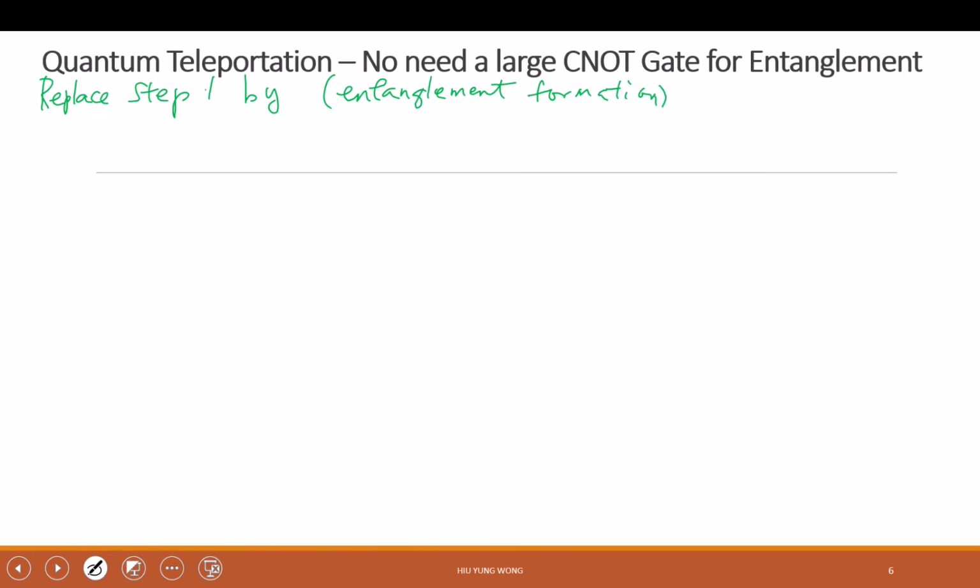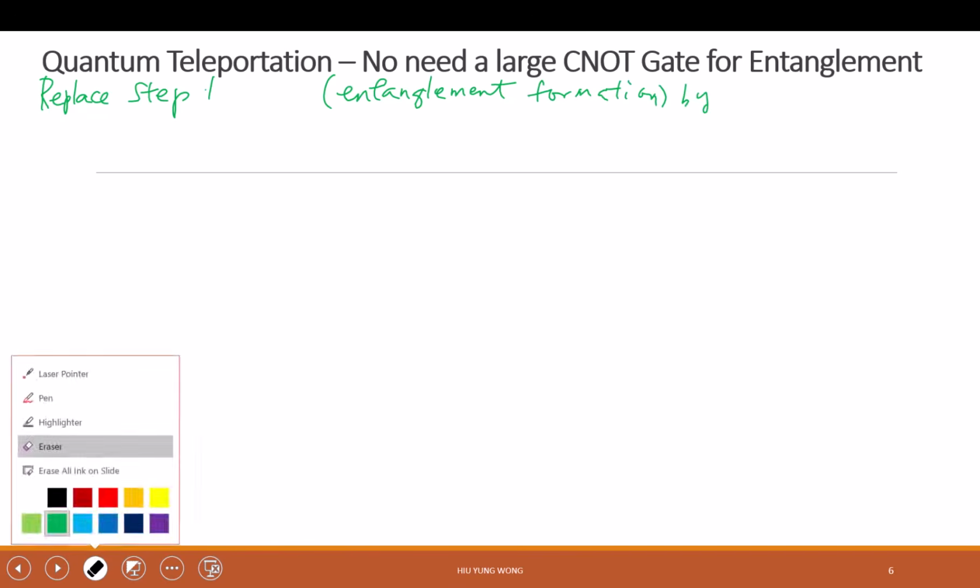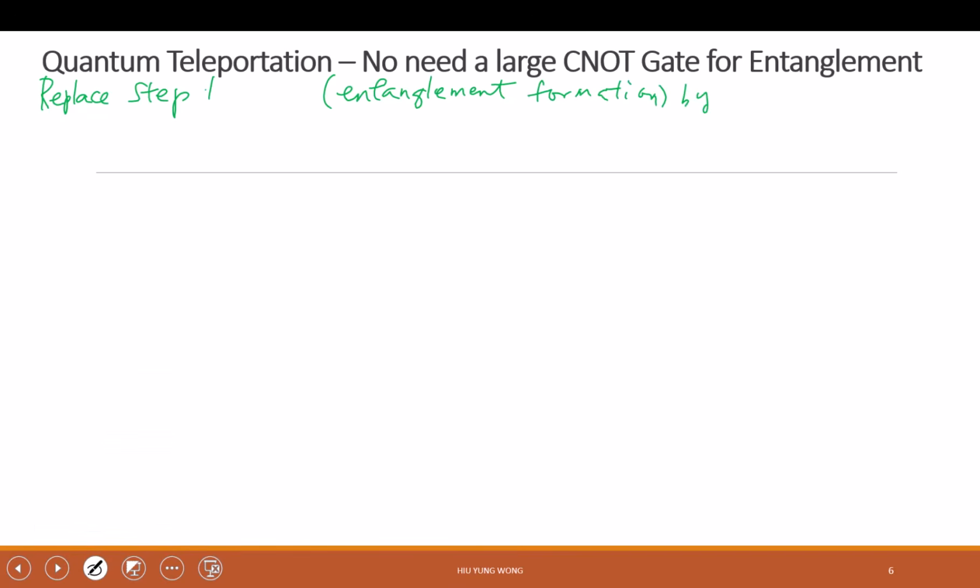Let me put the B here. Right? Buy a new circuit. And look at this, this is complicated. I have a 9 here, a 9 here, a 9 here. I need 3 qubits. Still MSB is at the bottom.